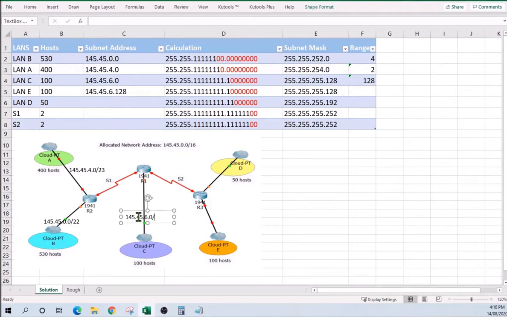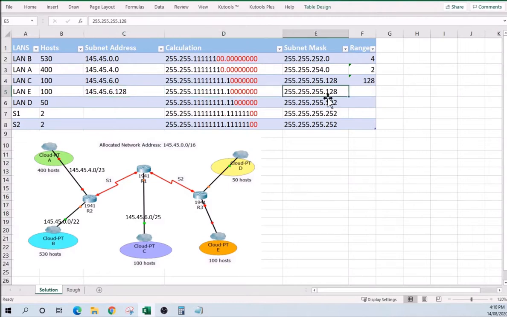145.45.6.0/25. And we have already found the network address for LAN E, and the subnet mask for LAN E would be the same as LAN C, because it is going to accommodate 100 hosts.